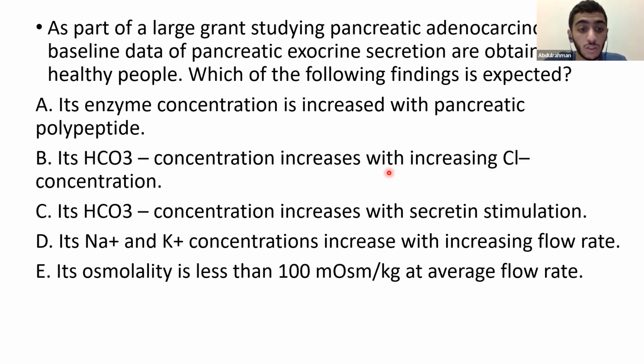C, its bicarbonate concentration increases with secretin stimulation. D, its sodium and potassium concentrations increase with increasing flow rate. E, its osmolality is less than 100 at an average flow rate. What do you guys think? C, you're right. Its bicarbonate concentration increases with secretin stimulation.